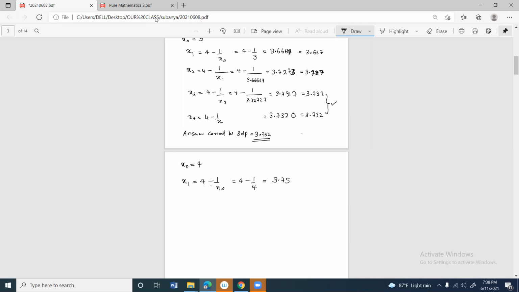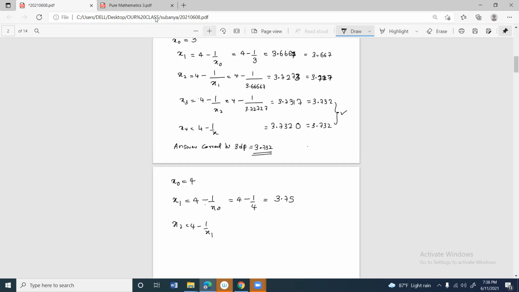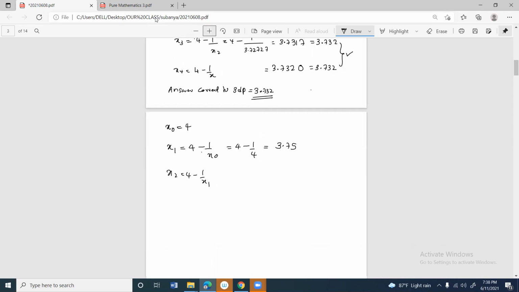Then if you come up with x2, x2 is 4 minus 1 over x1. That is 4 minus 1 over 3.75. Let's see what will happen. 4 minus 1 over 3.75 is 3.733.